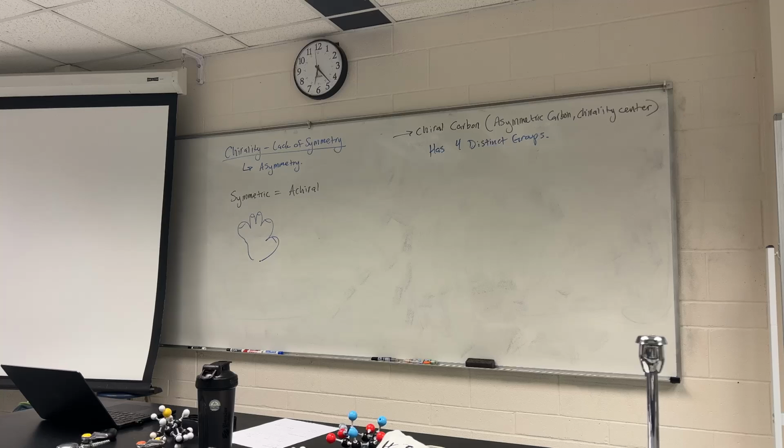These carbons are all sp2. 0 chiral carbons because they only have 3 groups. And this has to have 4 distinct groups. This carbon here, also sp2, only 3 groups, cannot be chiral.